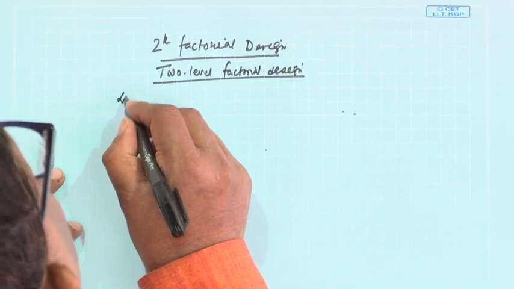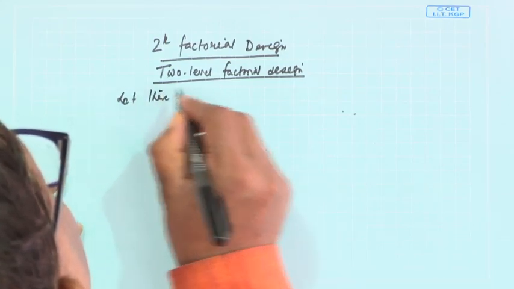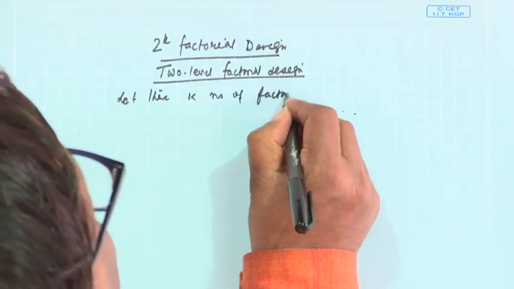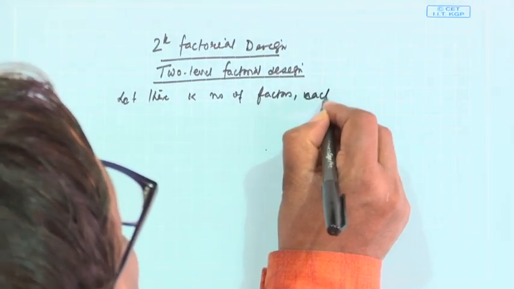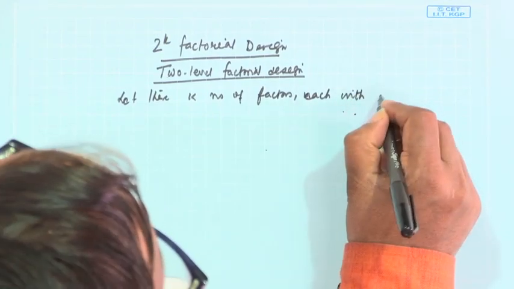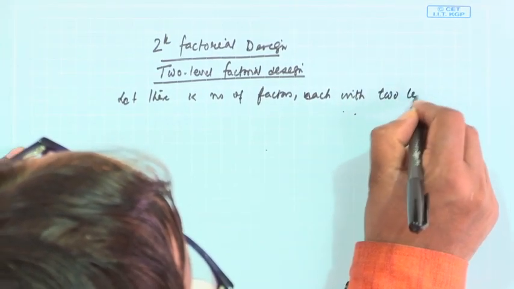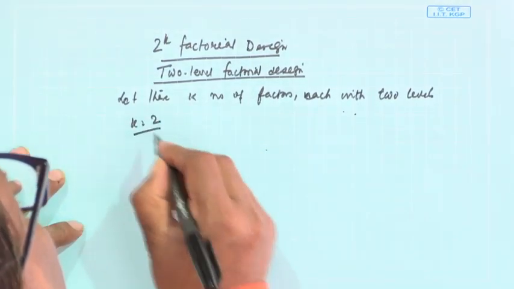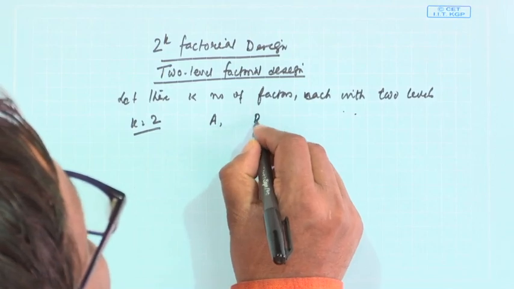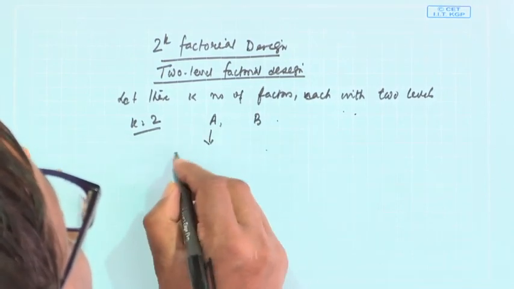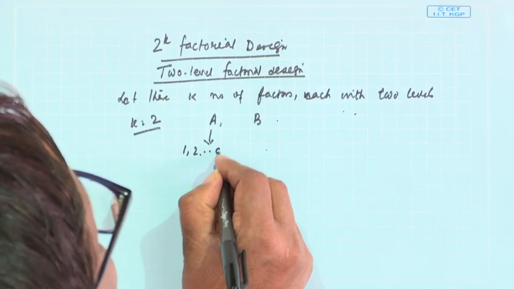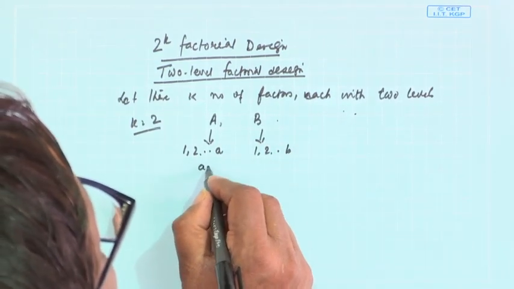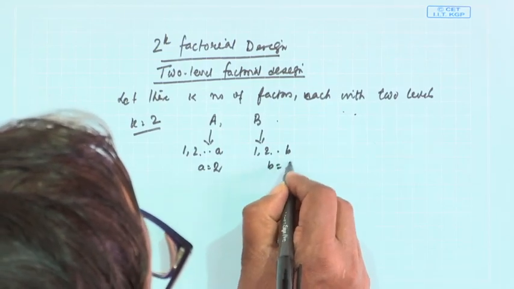Suppose there are k number of factors, each with 2 levels. Suppose I consider k equal to 2, then our number of factors is 2, A and B. Instead of A having a levels and B having b levels, we are saying small a equal to 2 and small b equal to 2.